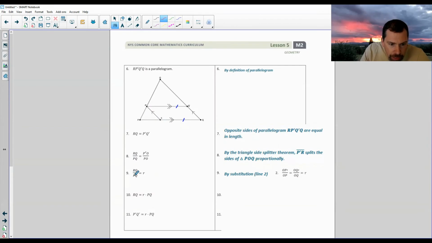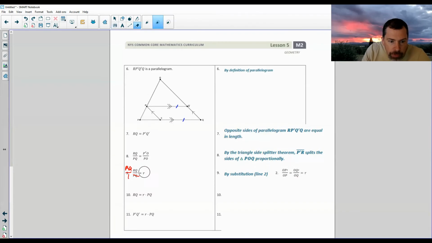So if I multiply a fraction by its denominator, if I put PQ here and I put a PQ over here, then think of that as over 1, and the PQs cancel, and we get RQ equals R times PQ.